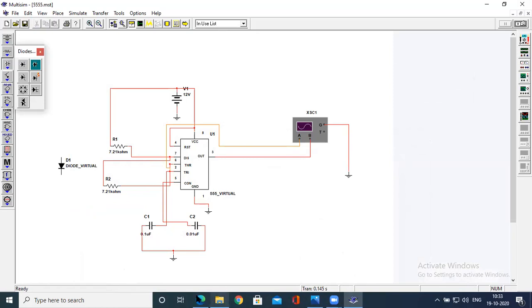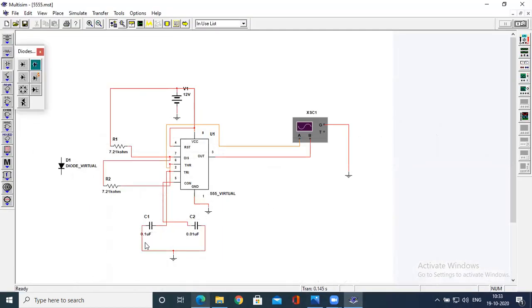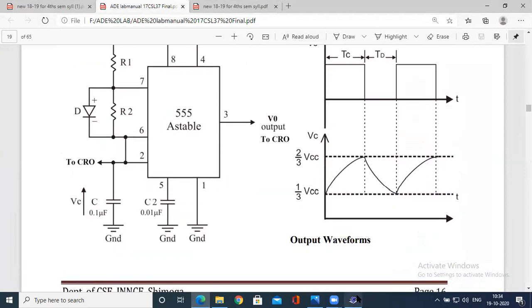Okay, fine. Now you see what you do. One end to pin number 7, the other end to pin number 6. We are just bypassing this resistor R2. So between pin number 6 and 7, we have a resistor that we are bypassing. Now we'll run the simulation and we'll see the charging and discharging time.